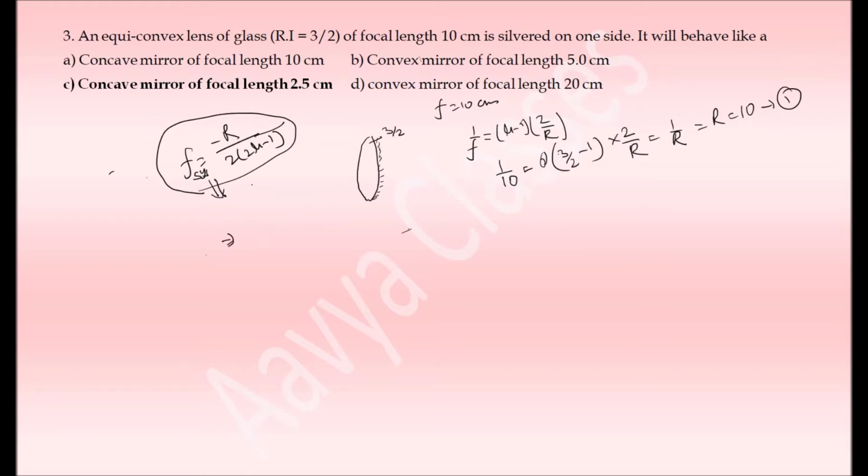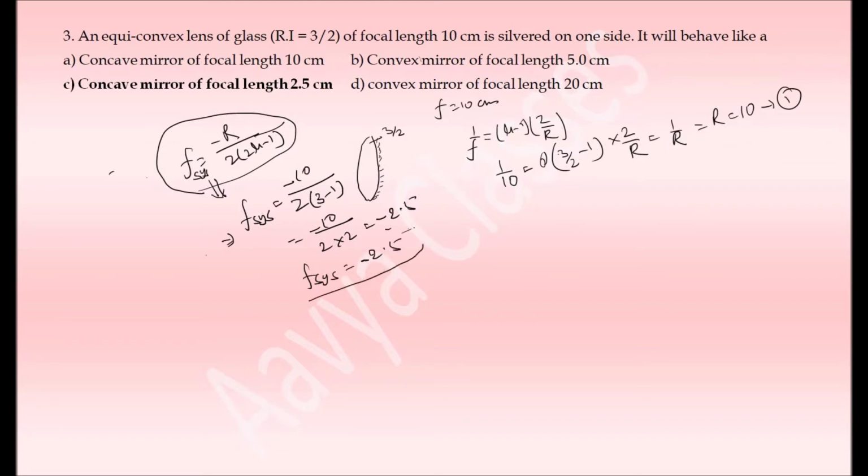And from there f system is equal to minus r by 2 into 2 mu minus 1. So if I put the value, then f system is equal to minus 10 divided by 2 into 3 minus 1, that is minus 2.5. So clearly f system is equal to minus 2.5.